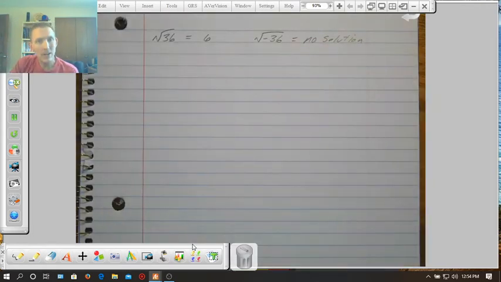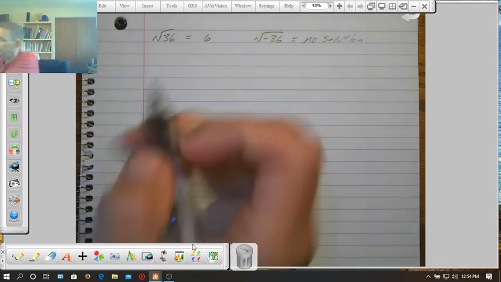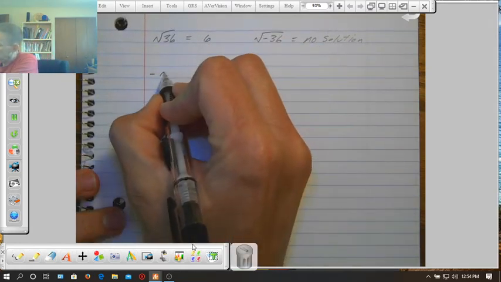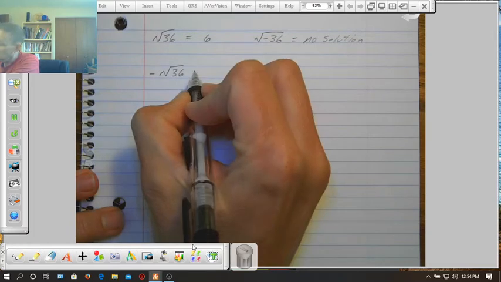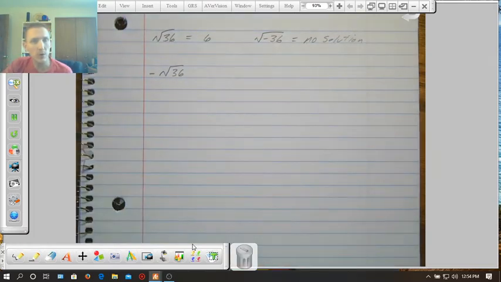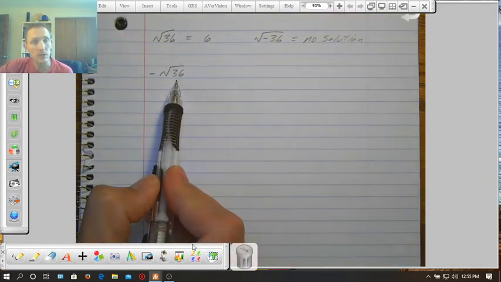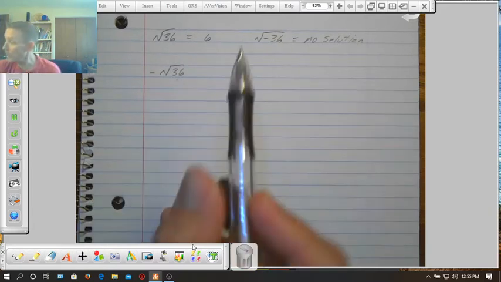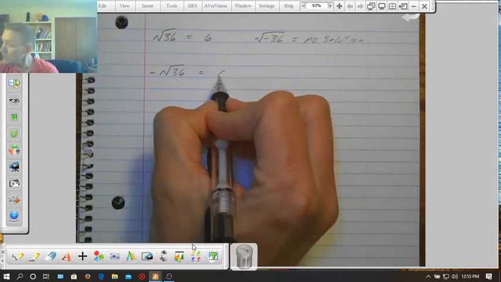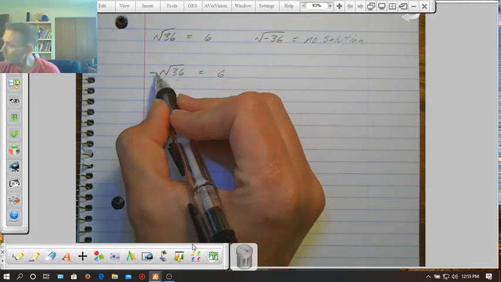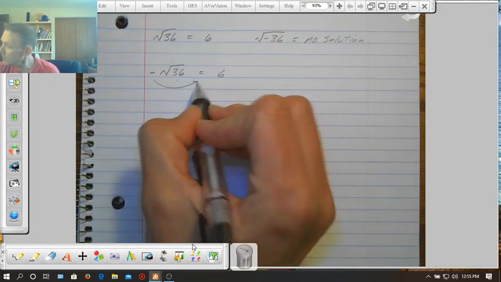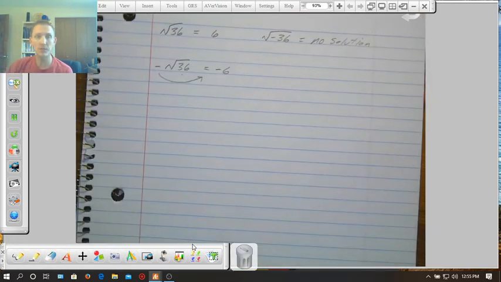Now, while you can't have a negative sign inside a square root, you can have a negative in front of a square root. If I have the square root of 36 with a negative sign in front of it, I can take the square root of 36, and we know that that already equals 6, and then the negative sign that's in front is going to attach itself in front.